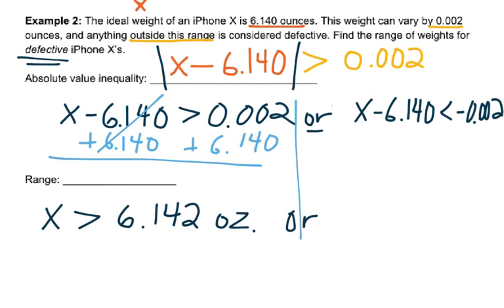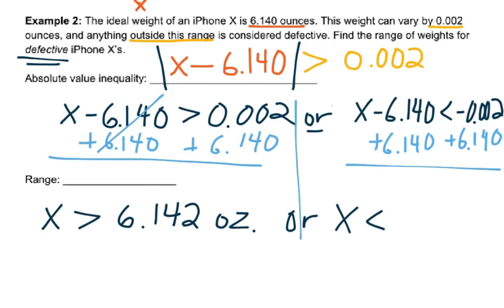Or, I've got to do the other half. In this case, I'm doing the same operation on both sides. So then I get x less than, and if I add negative 0.002 to 6.14, I'm going to get 6.138 ounces.